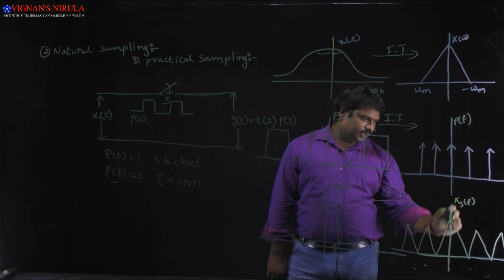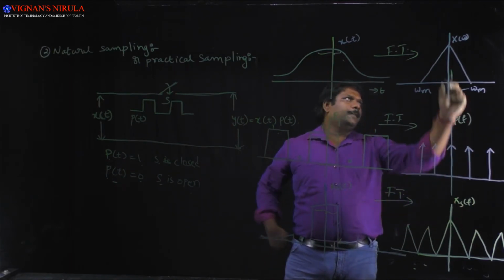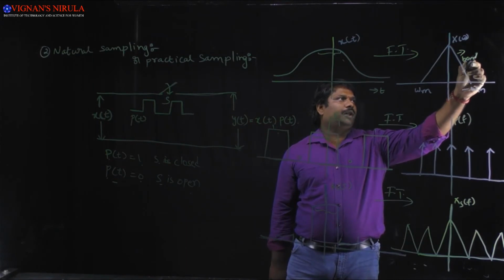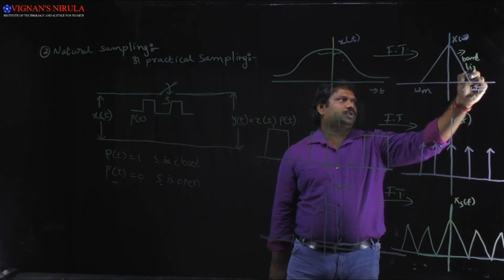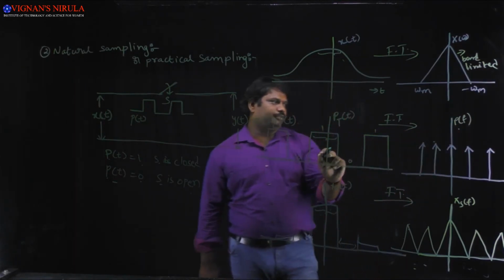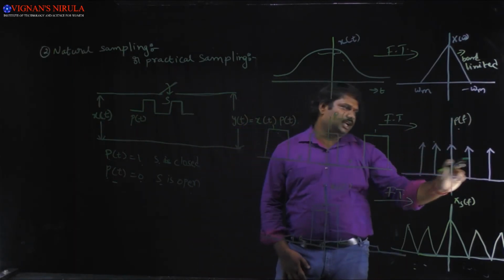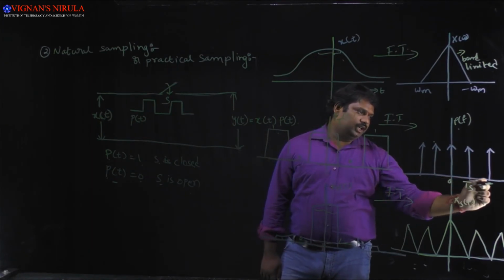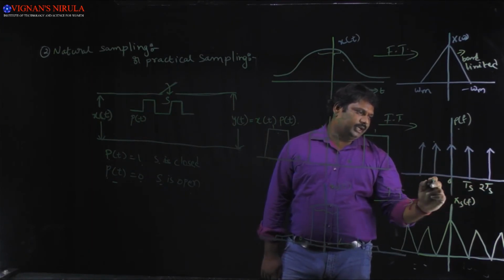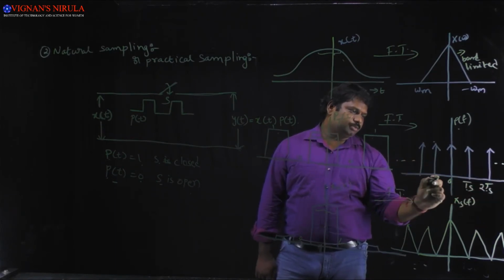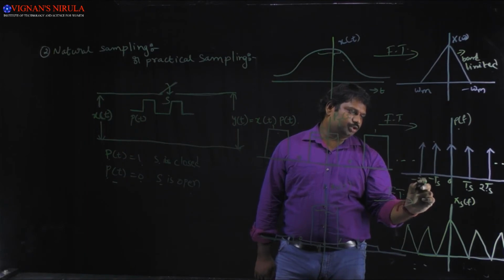We're considering x of omega as band limited initially, and as p of f is a square waveform, we will have continuous impulses present at specified intervals, like Ts, 2Ts, 3Ts and so on, and minus Ts, minus 2Ts and so on.